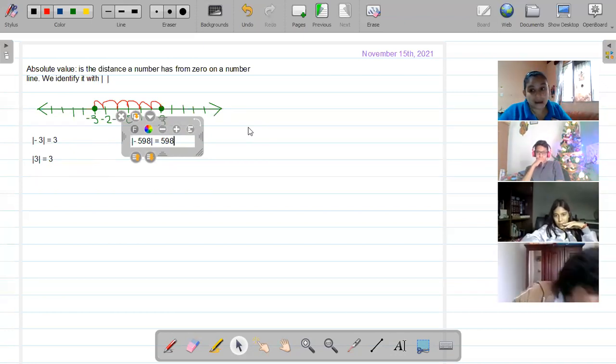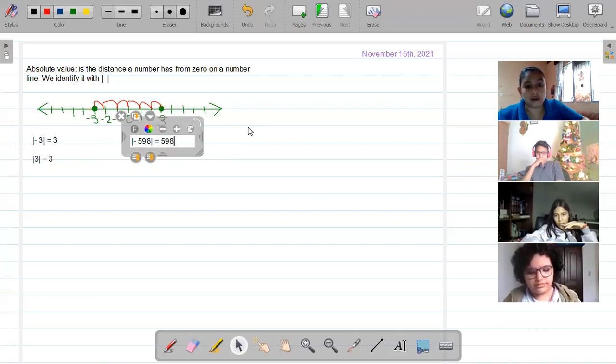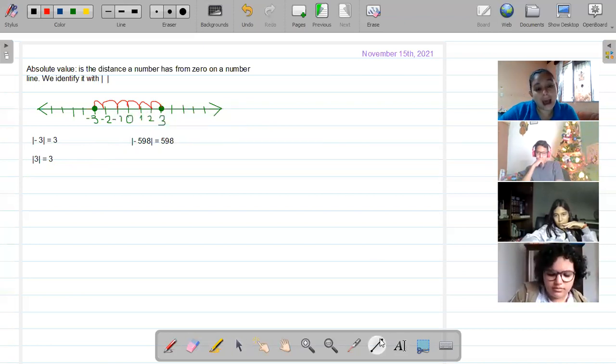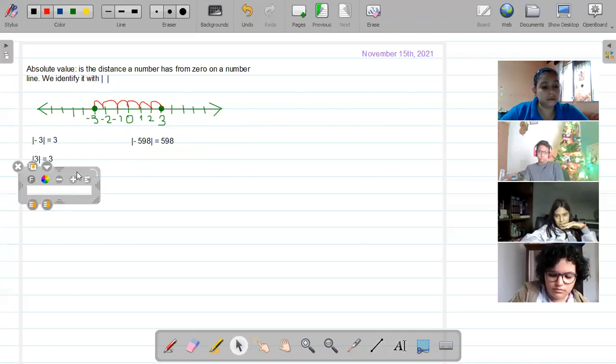Okay, so what are we going to see right now? We're going to see absolute value equations. We're going to see an equation that has an absolute value. So, for example, let's define absolute value equation.